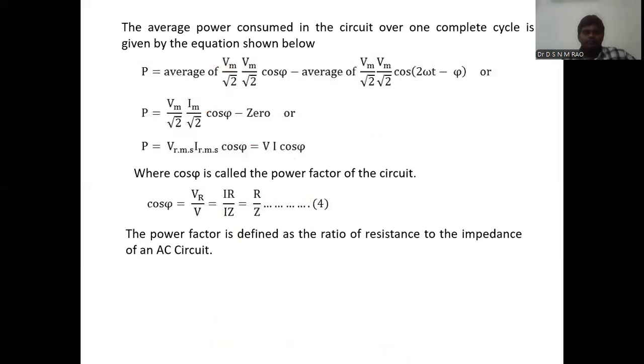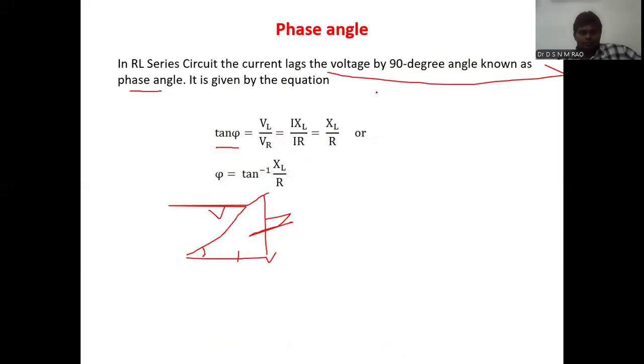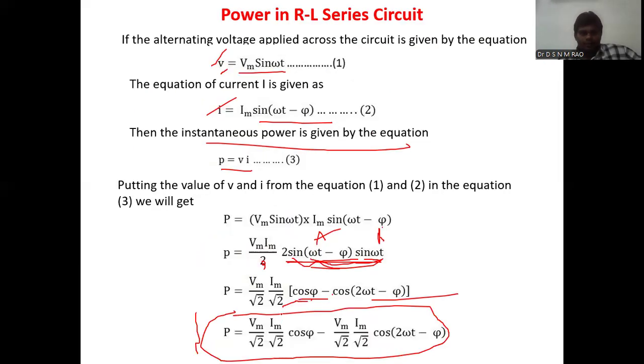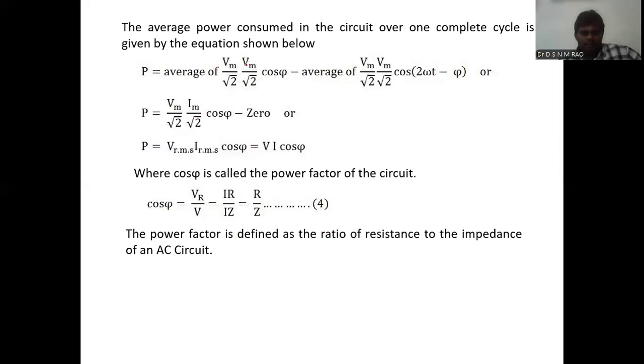So the average of Vm Im by root 2 by root 2 cos phi, minus the average of Vm by root 2 Im by root 2 cos of 2 omega t minus phi.